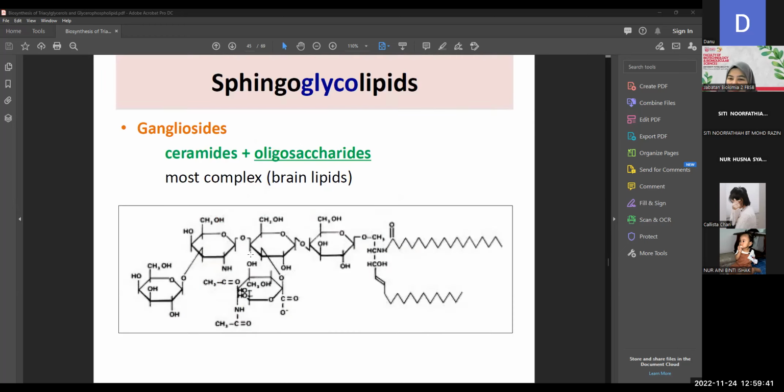How about gangliosides? When oligosaccharides link to the ceramide, we form gangliosides. This is one of the most complex lipids, and it is related to our brain and nerves.